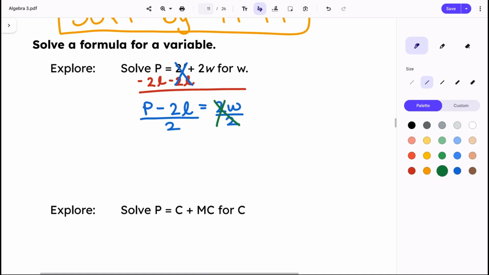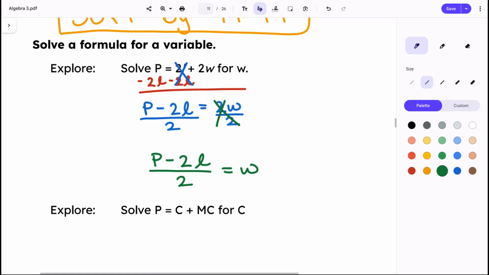Okay. On the left side, I'm going to tell you, you can't do anything with it. But why? Because I had someone ask me earlier, why can't I cancel out those 2's? The other 2 doesn't have an L, that's true. But why can't we just cross off those 2's?